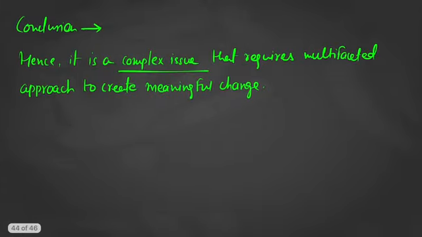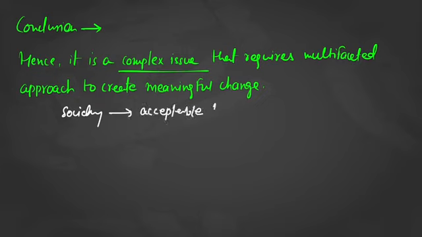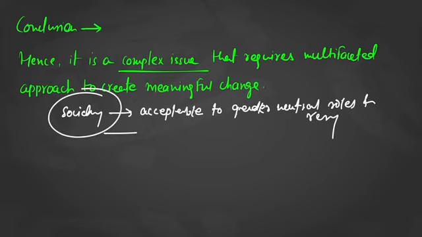In conclusion, you can write that it is a complex issue that requires a multifaceted approach to create meaningful change. Again, here you can talk about how society has to be accepting of gender neutral roles and responsibilities. So society also has to be tolerant.